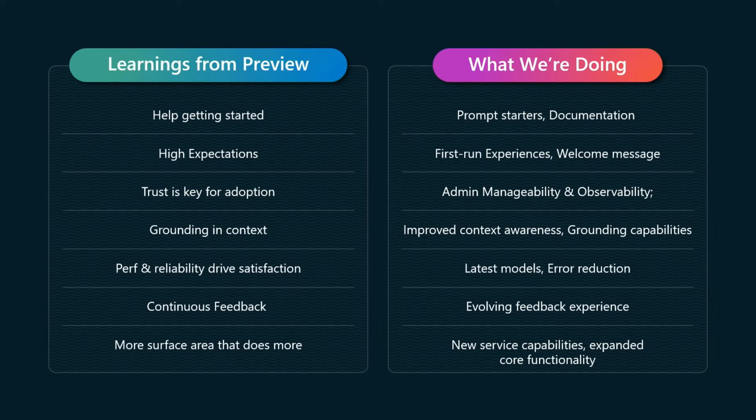It also gives us some nice benefits in terms of fewer errors, increased performance, and reliability, which end up being one of the things that we see really driving satisfaction, that and accuracy of the responses that get sent back. And then for folks that have started using it that really enjoy it, the ask that we get is, how can I get more surface area that does more, right?